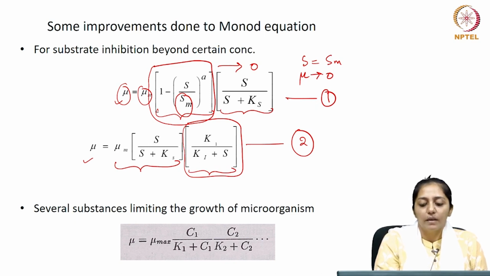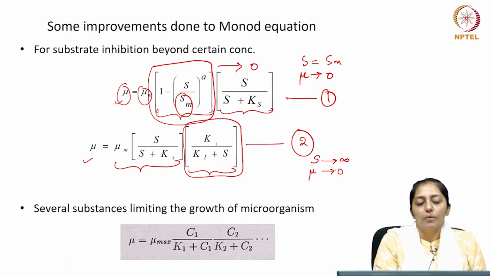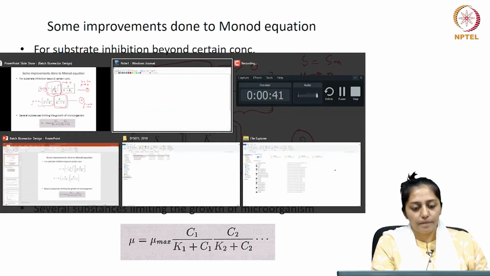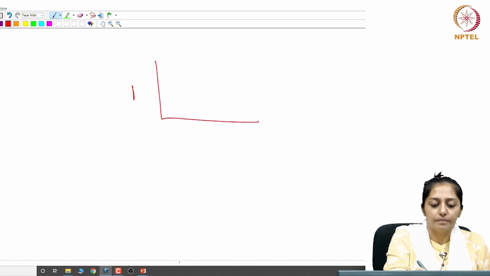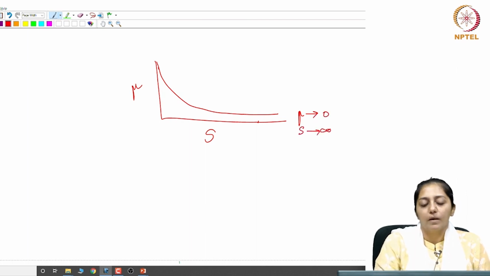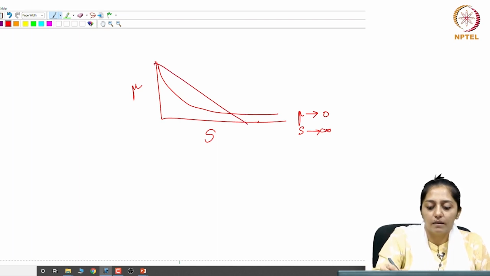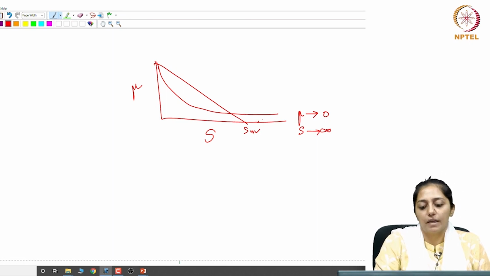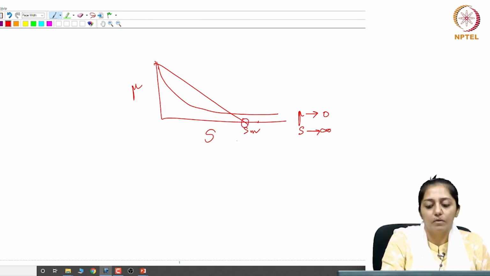While in equation 2, if S tends to infinity, mu only tends to 0, which means that if you plot specific growth rate versus substrate concentration, you will observe an asymptotic behavior, which states that mu tends to 0 as S tends to infinity, while in the other case, at some defined concentration SM, mu becomes equal to 0.